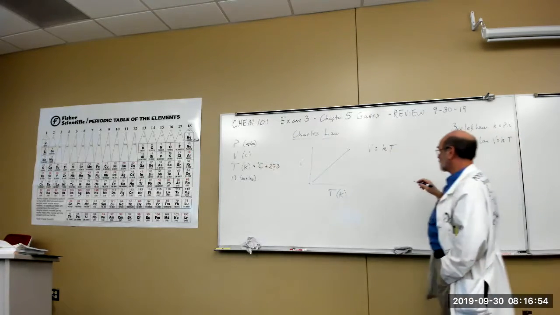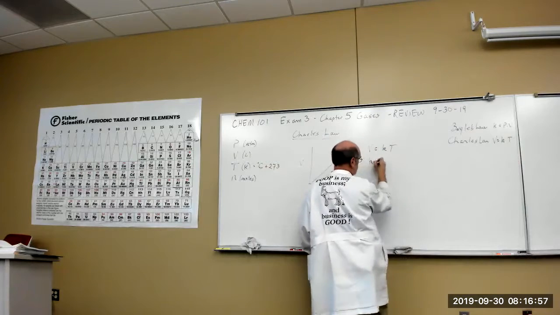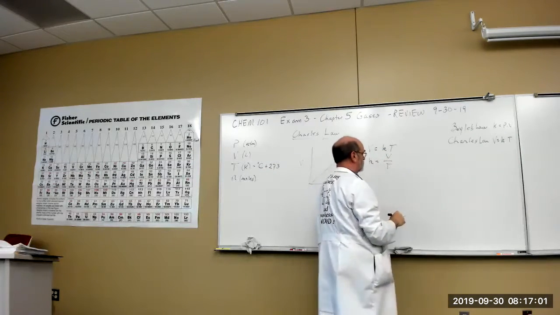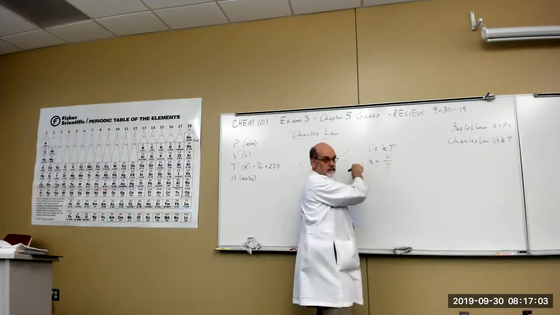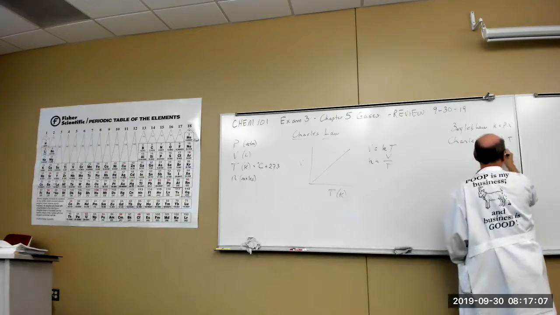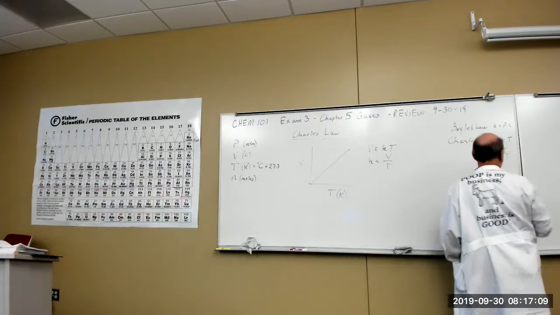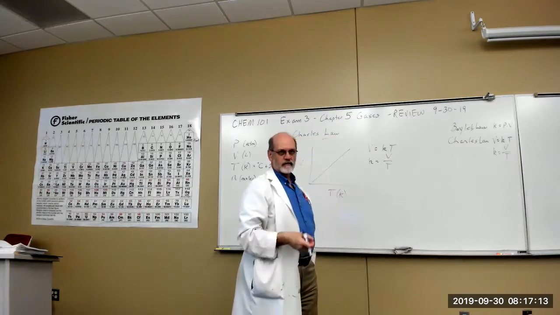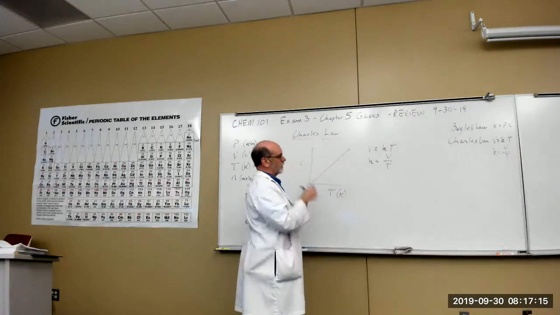We could rearrange this and find out that the constant is equal to volume divided by temperature. We just move that over here. Okay. So if we write it that way, we get that expression. But it's just a rearrangement of variables.